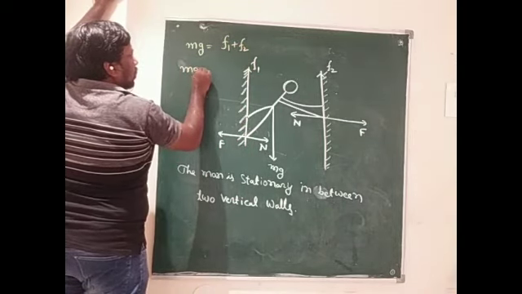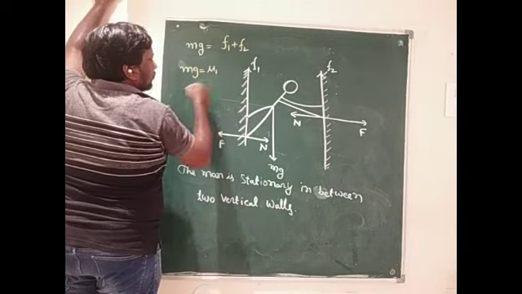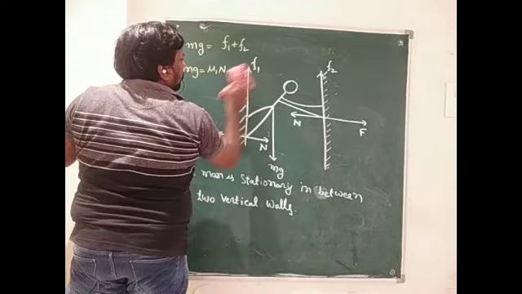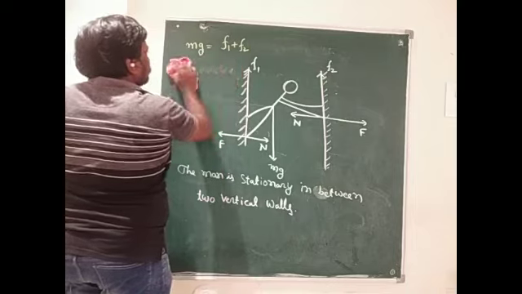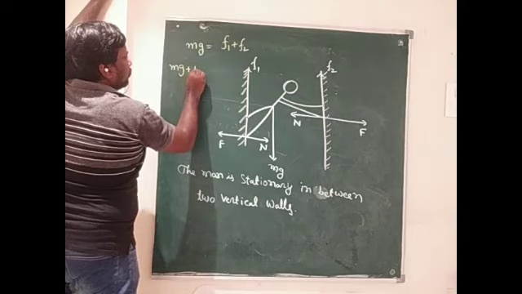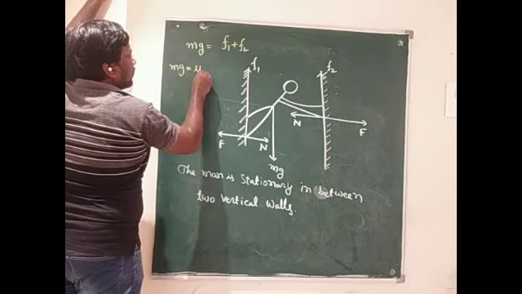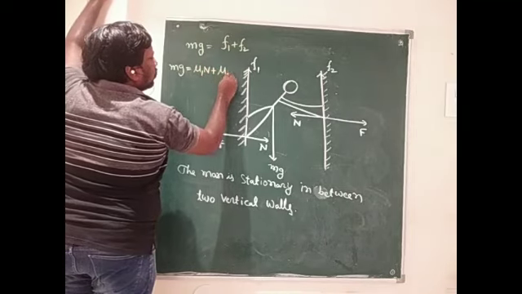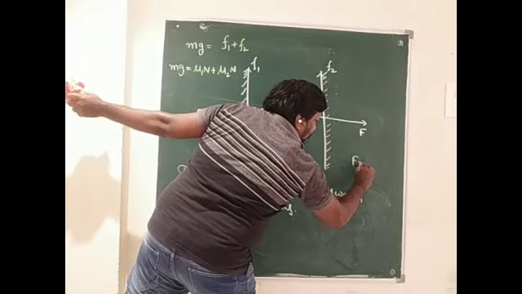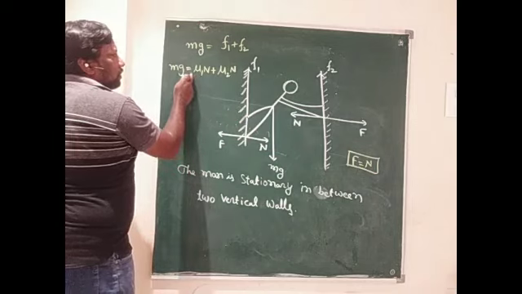So mg equal to F1, that means mu1 N plus mu2 N. So here pressing force is equal to normal reaction. Now this value is substituted in the equation.